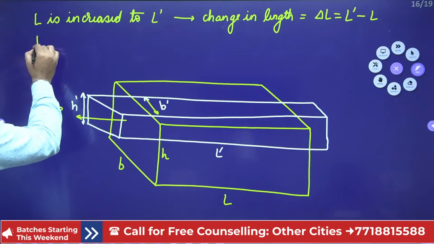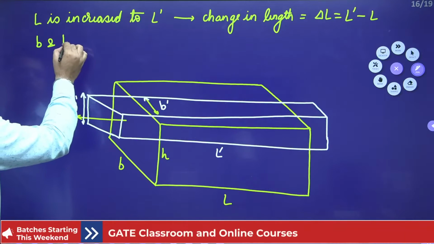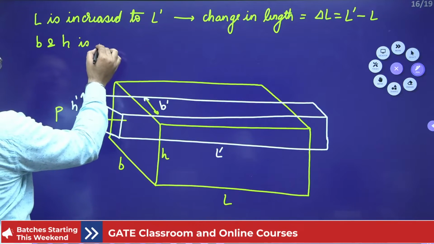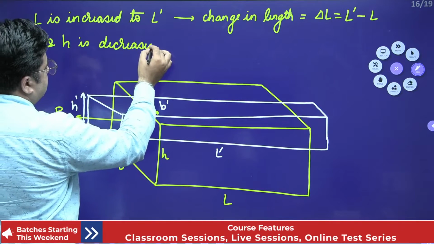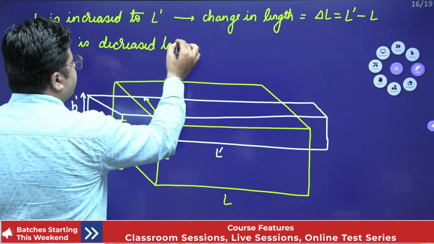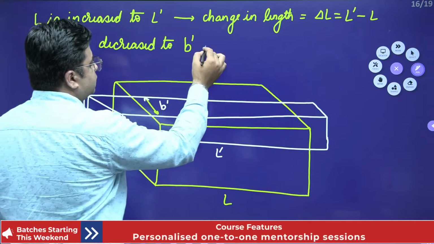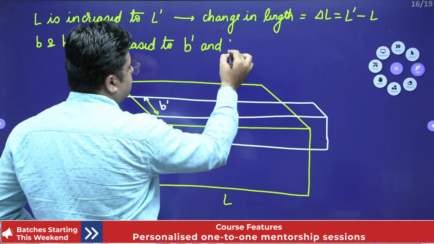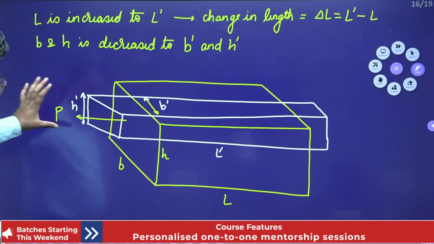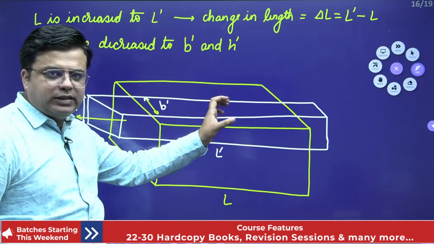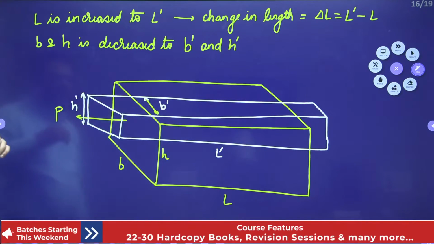So B and H are decreased to B dash and H dash, right?